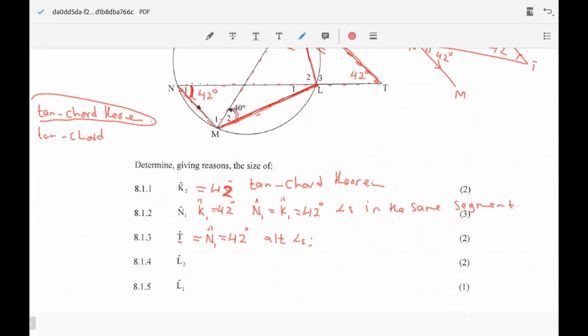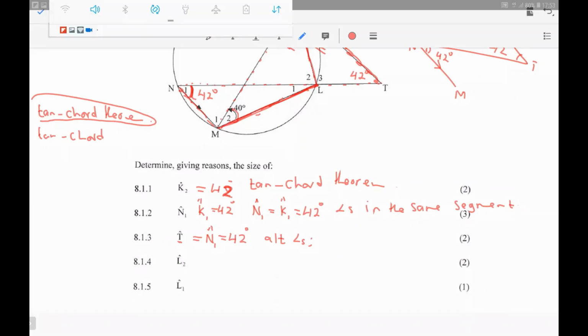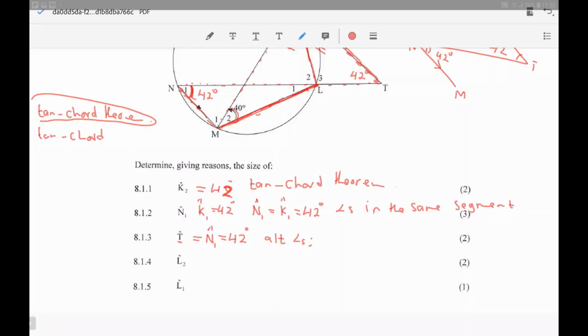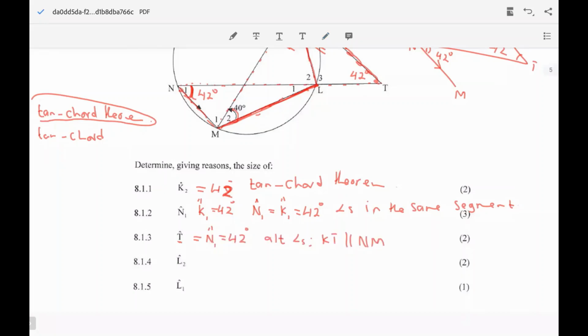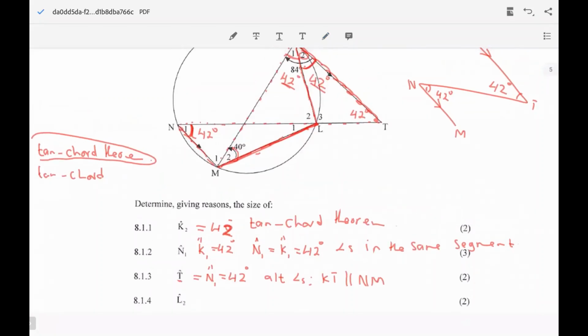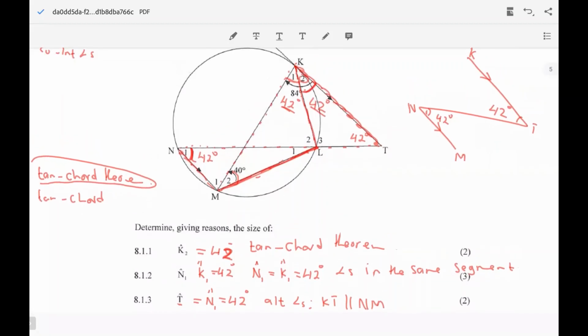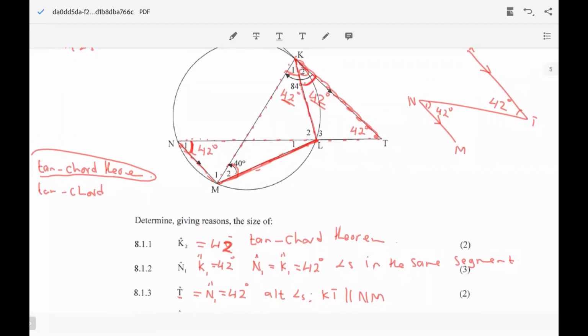Writing alternate angles alone does not give you a mark for the reason. So you have to state the parallel lines, and our parallel lines here are KT parallel to NM. So T equals N1, which equals 42 degrees, alternate angles, KT parallel to NM.